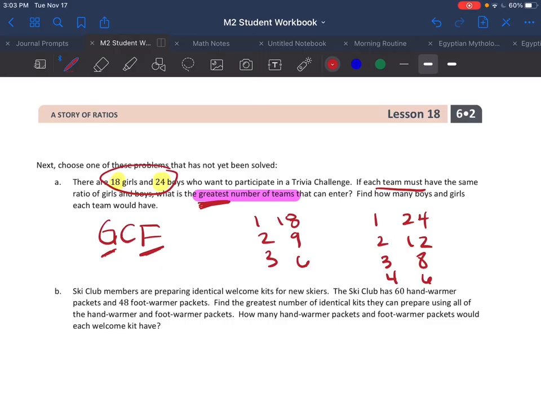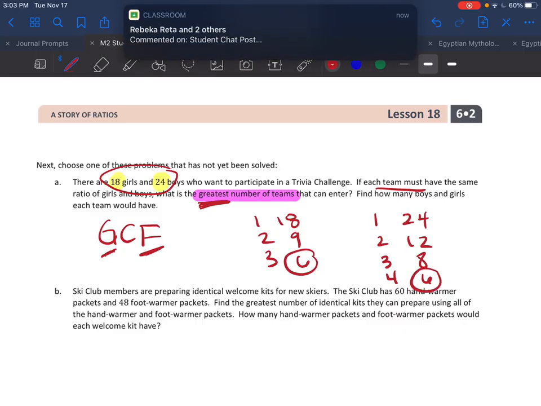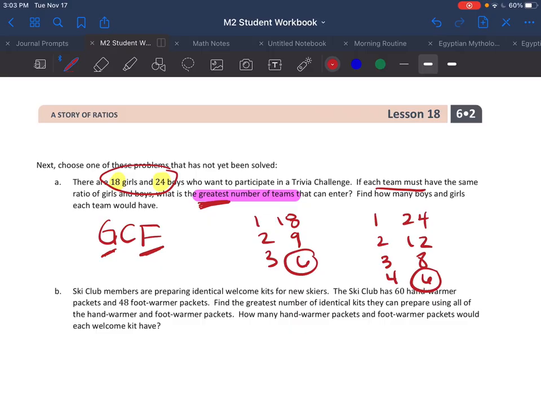And then I can find the greatest common factor. So which one is the biggest? Looks like I'm going to have 6. So there can be 6 of each on each team. All right, so hopefully that helps you be able to know which you're looking for, greatest common factor or least common multiple.